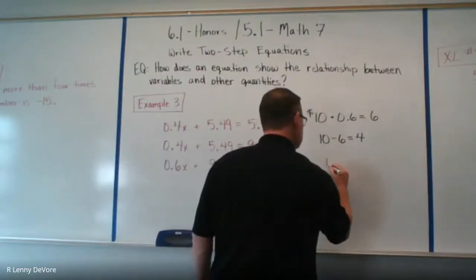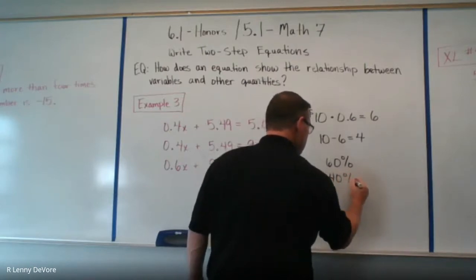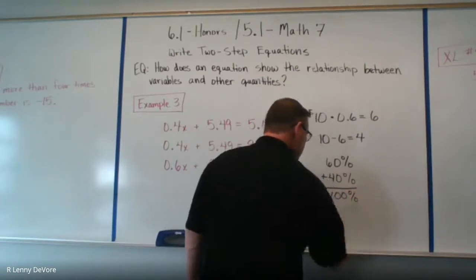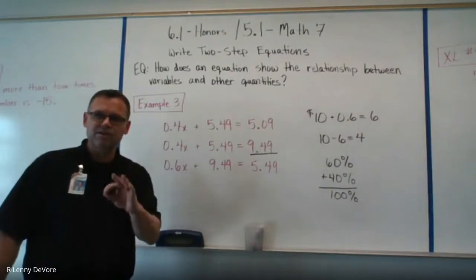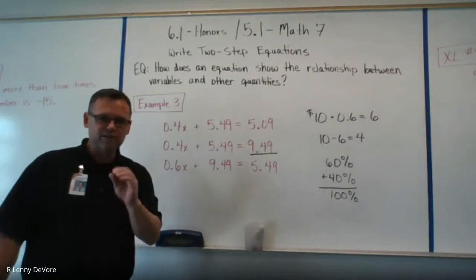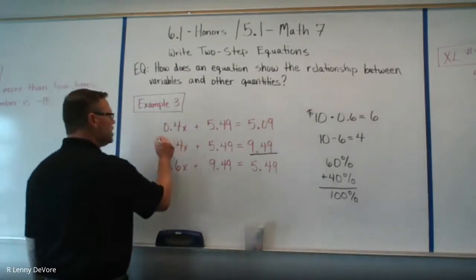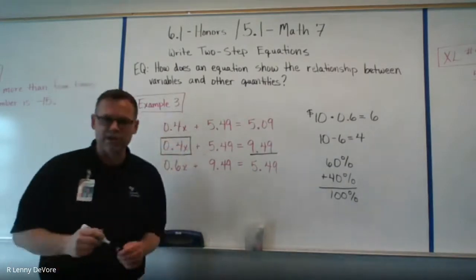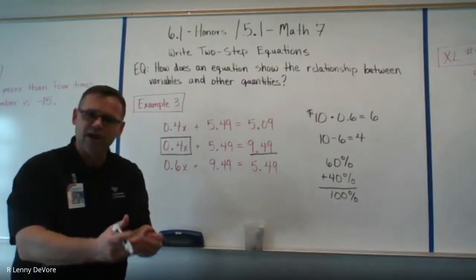$4 is the price. Here's the point, guys. 60% off plus 40% is going to make 100% of the price. So in other words, when they say that the hat is 60% off and it's represented by X, I'm going to put the X there, but I'm going to put it multiplied by 0.4, which is 40%, because we want 40% of the price of the hat.